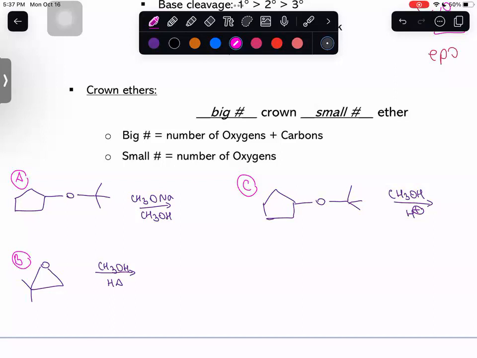Reaction A should be pretty simple. What's the answer? Beautiful. This one, just no reaction. Okay, who wants to solve reaction B and C? Volunteers. Anyone? Okay, give it a try.